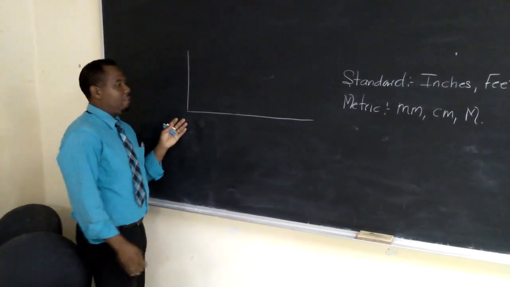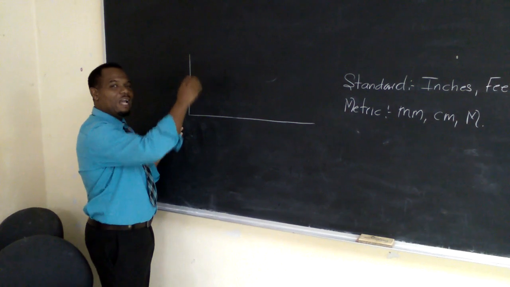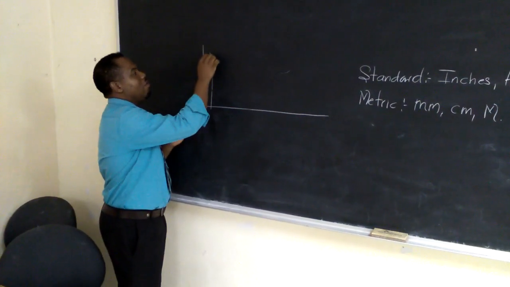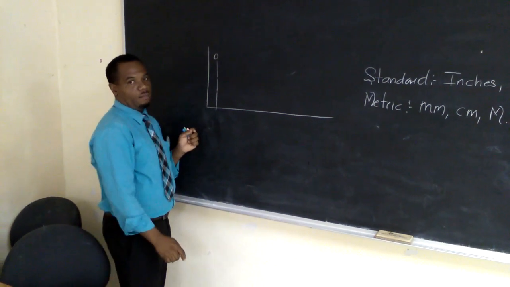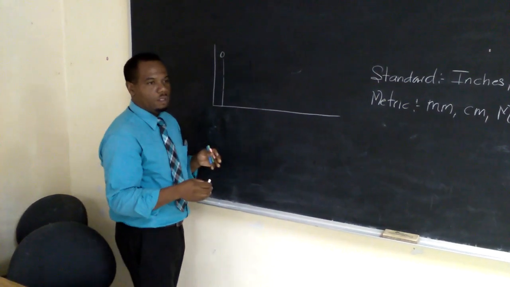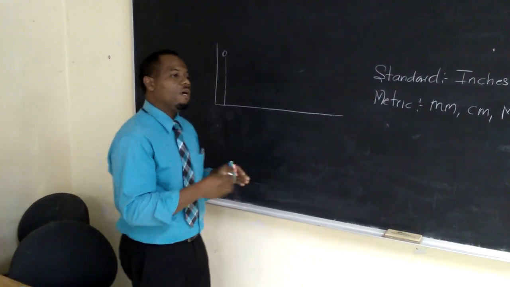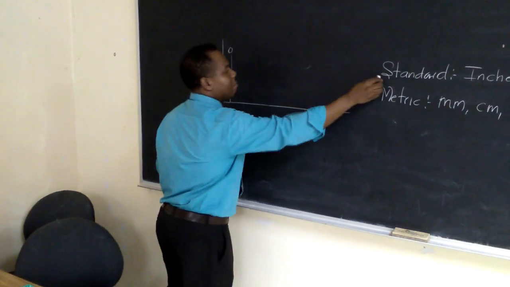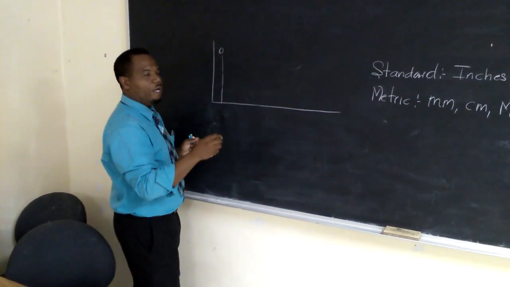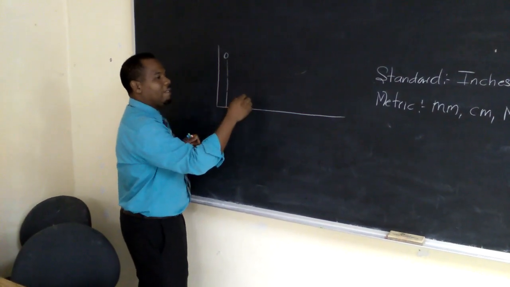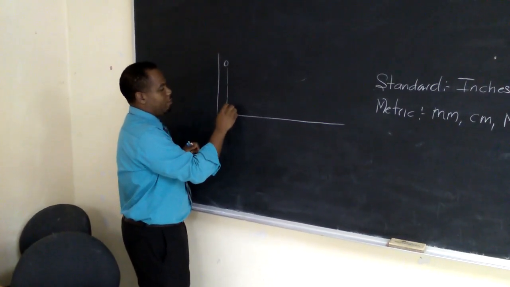Here I'm representing a ruler, and every ruler starts at the 0 point. Alright? And so, if you have a ruler and you can look at that part which speaks to standard measurements, what you will realize is a pattern reflecting what I'm going to be showing you here now.